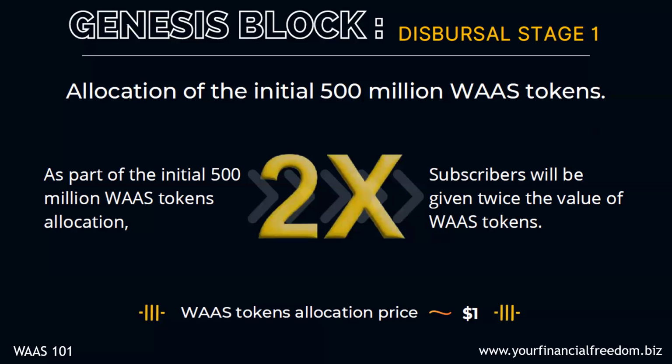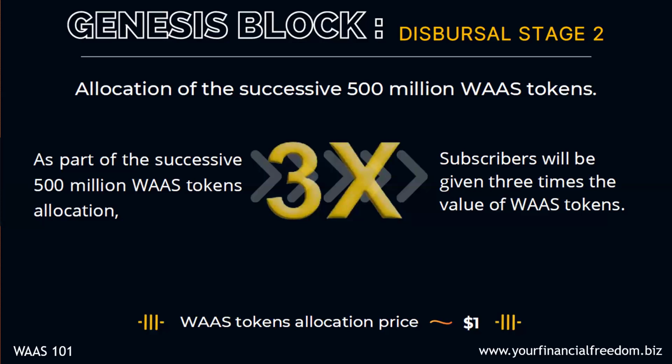So for $50, you will get 100 WAS tokens. In the dispersal phase, or stage 2, another 500 million WAS tokens will be released, but this time at 3 times. So you buy one $50 miner, you would be able to receive 150 WAS tokens.